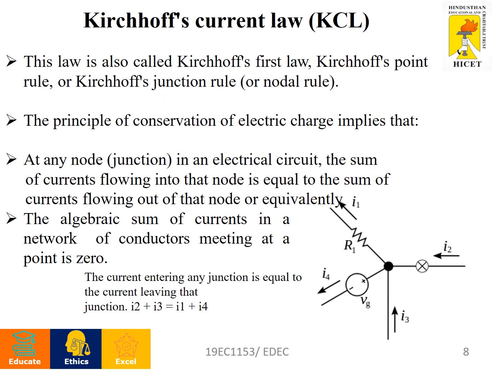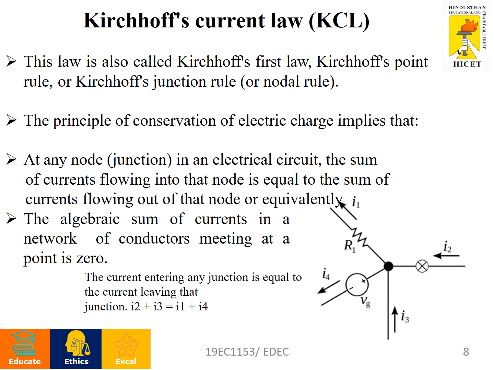The next one is Kirchhoff's current law, KCL. This law is also called Kirchhoff's first law, Kirchhoff's point rule, Kirchhoff's junction rule, or we can call it the node rule. The principle of conservation of electric charge implies that at any node in an electrical circuit, the sum of current flowing into the node is equal to the sum of current flowing out of the node.